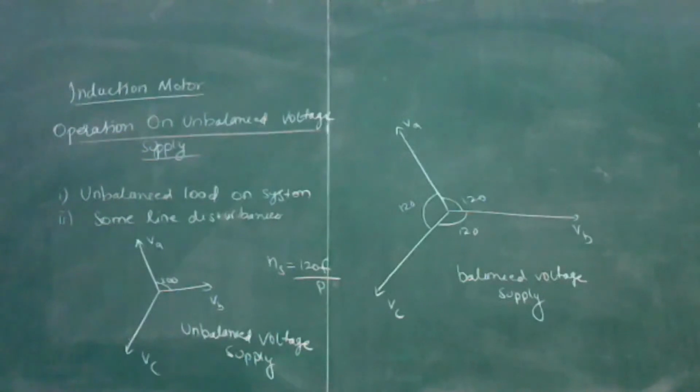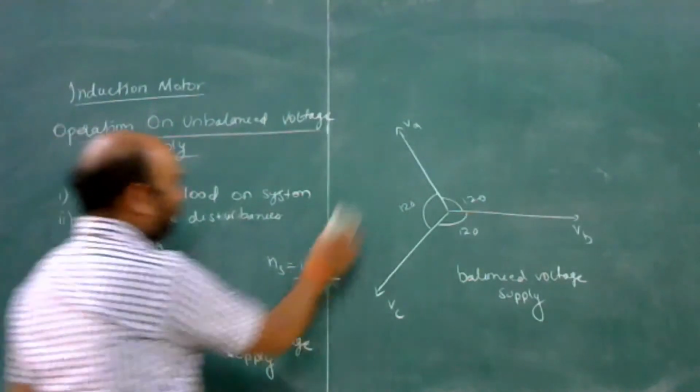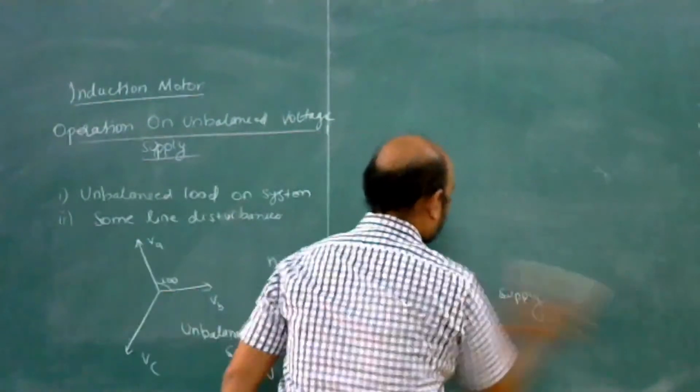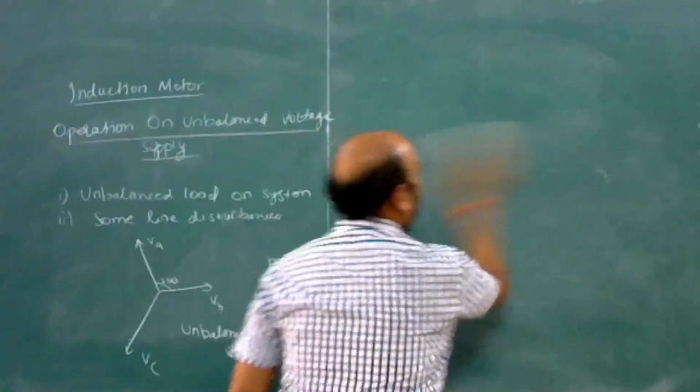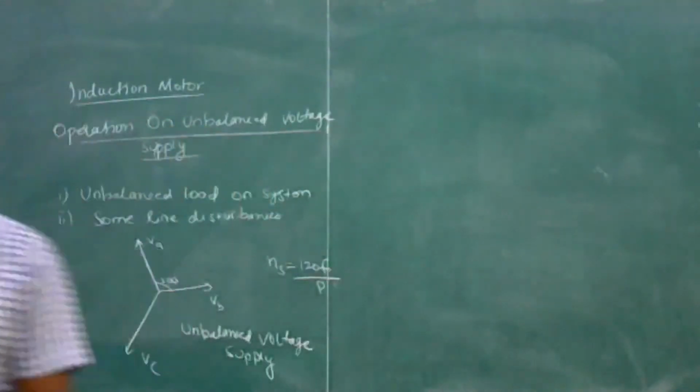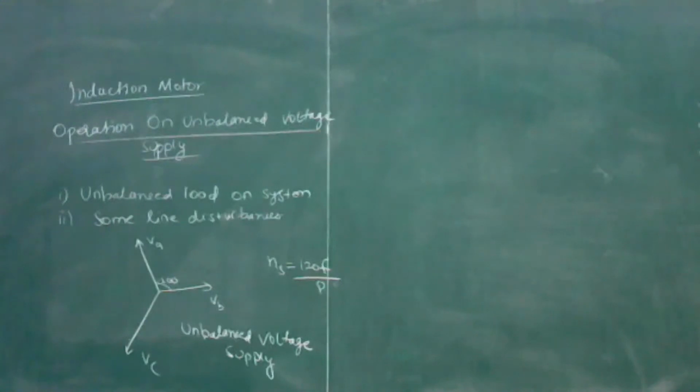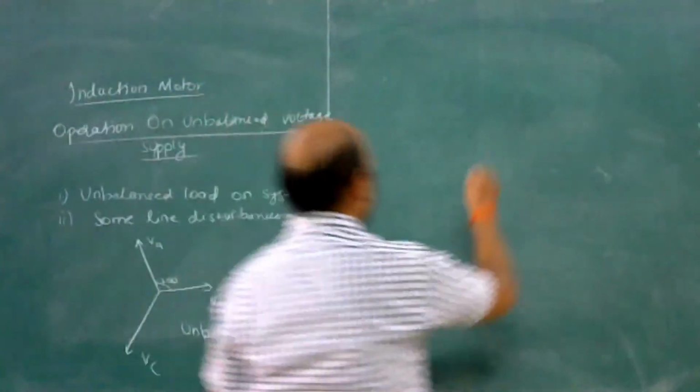This unbalanced voltage can be split into, or decomposed into, three sets of components of different sequences.